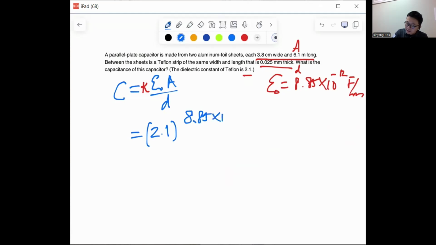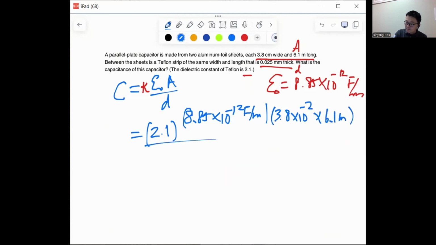8.85 times 10 to the minus 12, and times area. So now 3.8 times 10 to the minus 2, because you need to convert centimeters into meters, okay? And then times 6.1 meters.